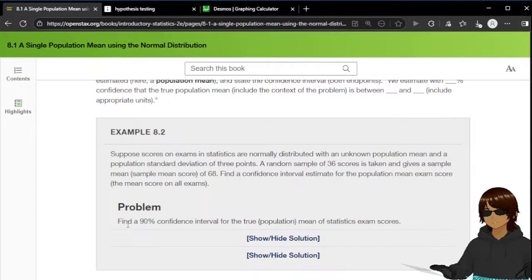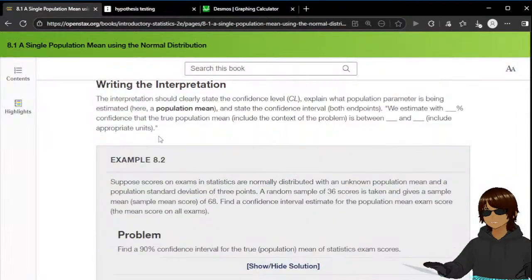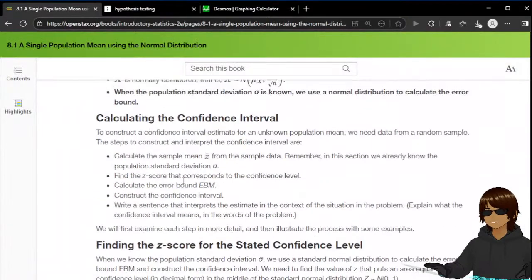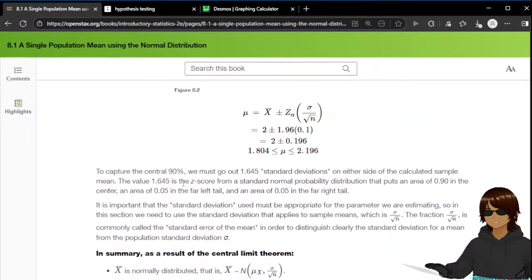Find a 90% confidence interval for the true population mean. 90%. When they say 90%, they mean one standard deviation away or two standard deviations away.